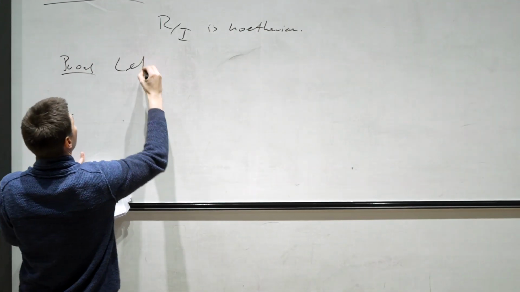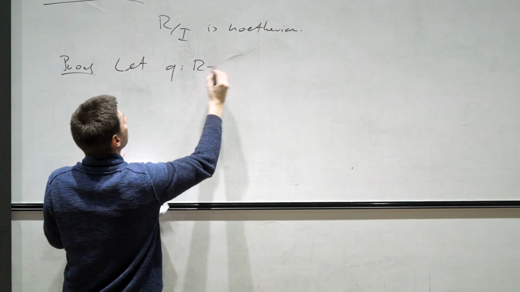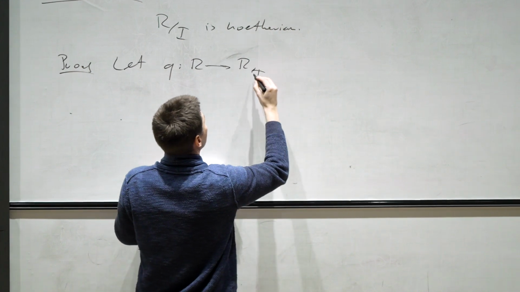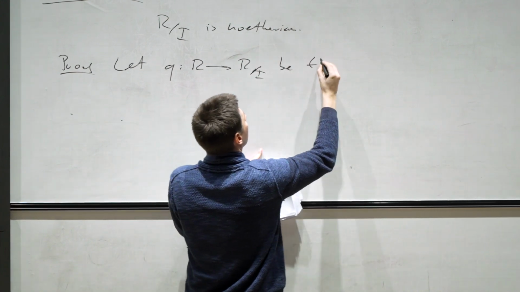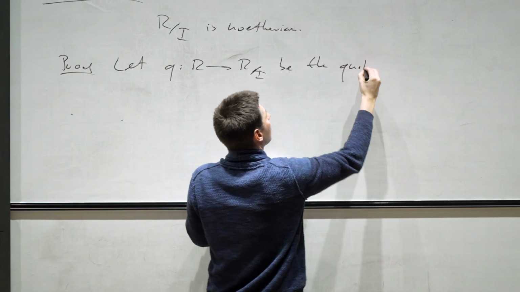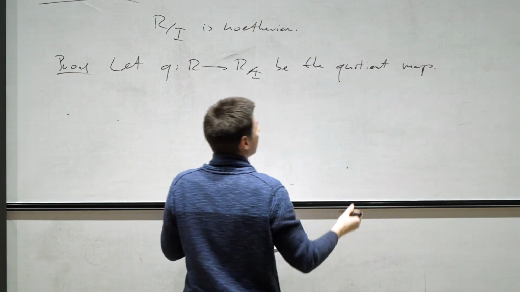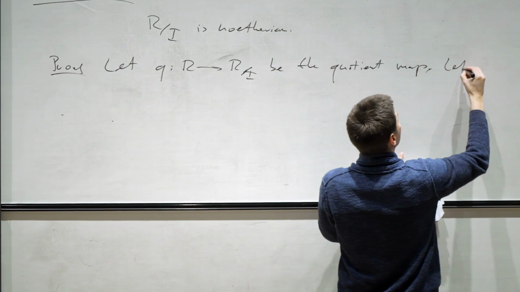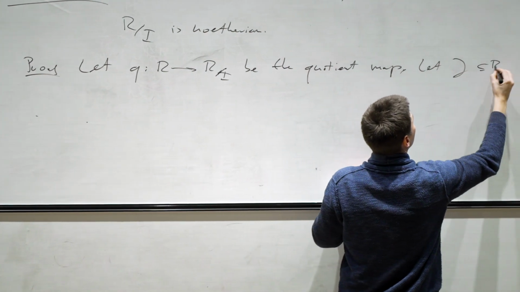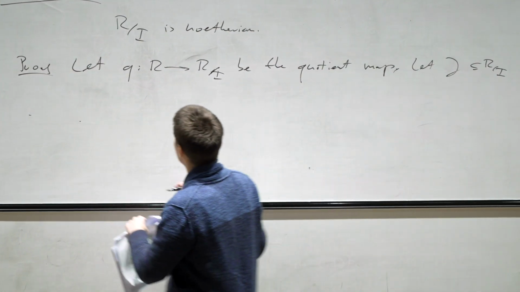Let Q be the quotient map, and let J be an ideal in the quotient ring.